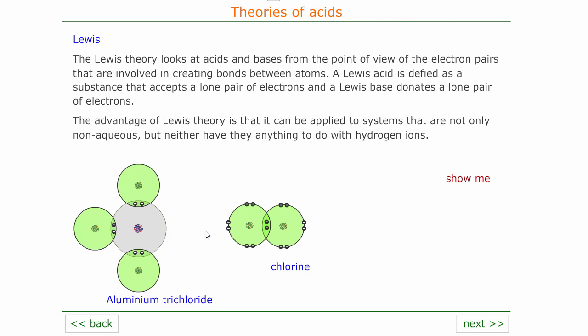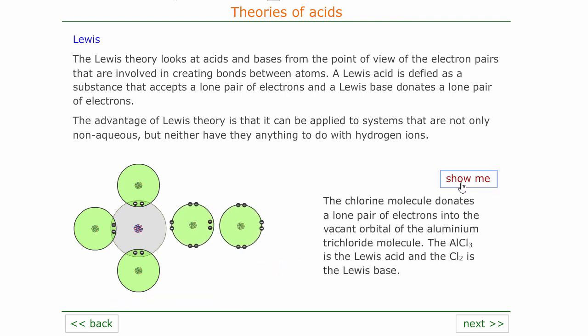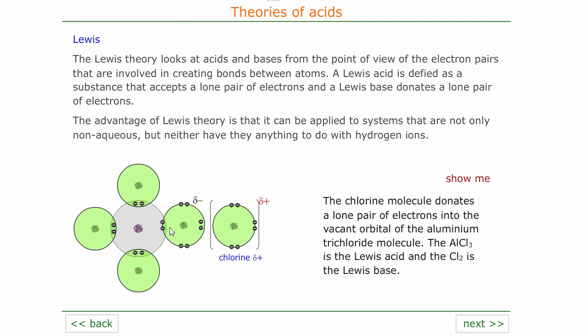This chlorine can donate this pair of electrons into the outer shell of the aluminium to fulfill the electron pair requirement. And so here we have the chlorine behaving as a Lewis base. Now, this has nothing whatsoever to do with hydrogen ions or any reaction involving hydrogen ions.